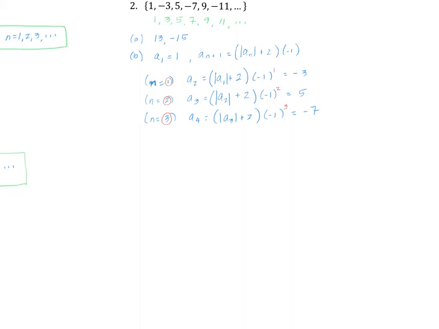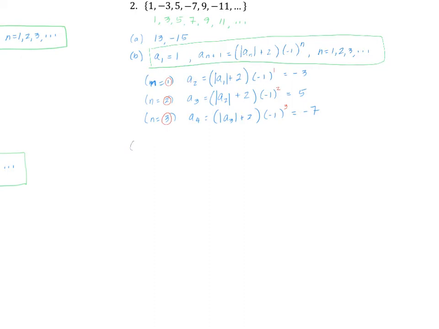So the formula I'm going to use, and remember this is not unique, is the absolute value of a sub n plus 2 multiplied by negative 1 to the n power. And again, that's for n equal to 1, 2, 3, and so on. But don't forget, this is not unique.